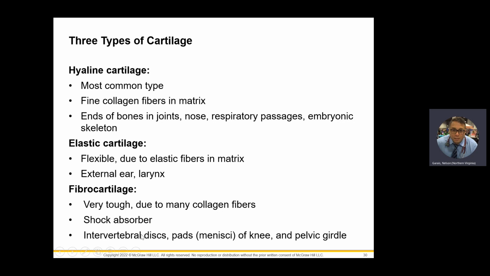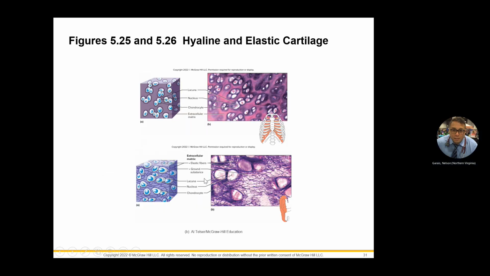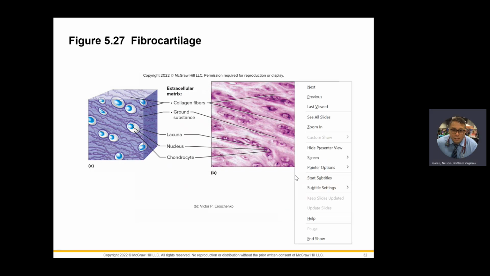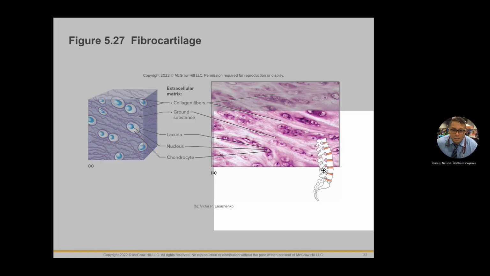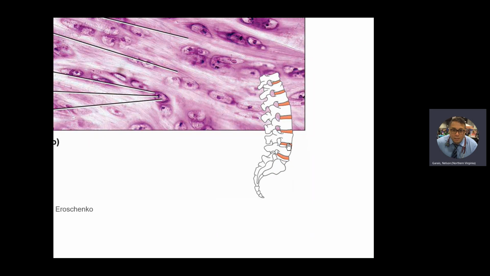I want you to think the classic example is your intervertebral disc of the bones in your spinal column. Where's that picture? Here it is. So just these orange things, that's cartilage, and that's in between these vertebra, these bones in white. That's why they're called IV discs or intervertebral discs.